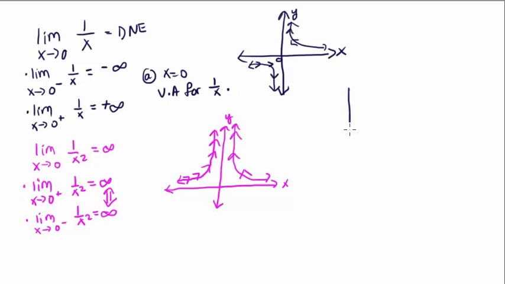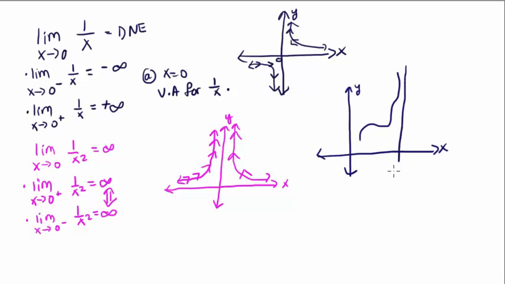If I have any function, this is x, this is y, and the function goes like this and shoots up at the line x equals a. Let's say this is f of x. Then the limit as x approaches a from the negative side, the left-hand side, of f of x is equal to infinity.